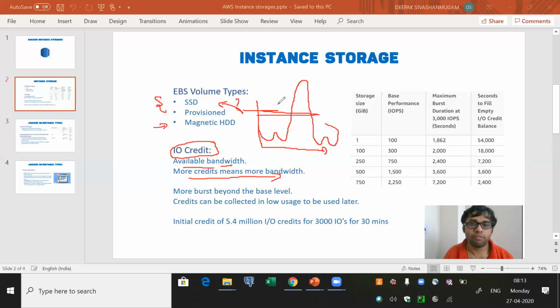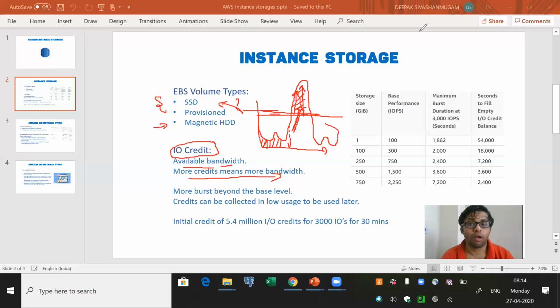When your workload is low, you can collect these credits of IO operations per second, and when your workload goes higher, you can start using these credits. These IO credits help you maximize your performance during peaks.